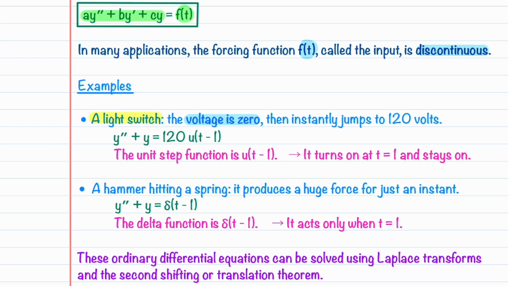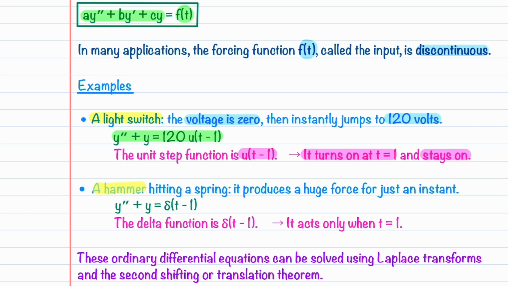And then the instant you turn it on, it jumps to 120 volts and then stays there. For a spring system driven by this kind of input, we might write something like y double prime plus y is equal to 120 times u of t minus 1. U of t minus 1 is called the unit step function. It turns on at t is equal to 1, and then it stays on.